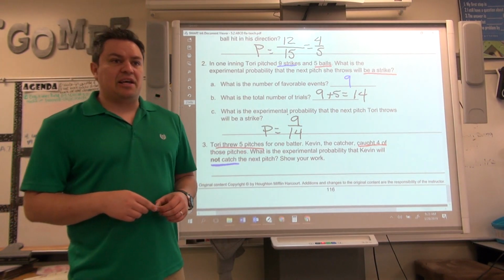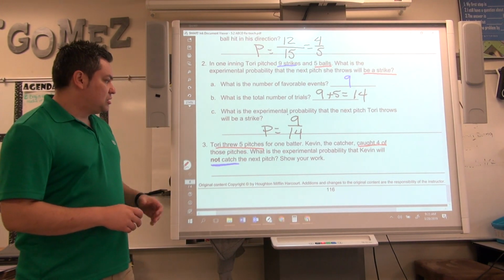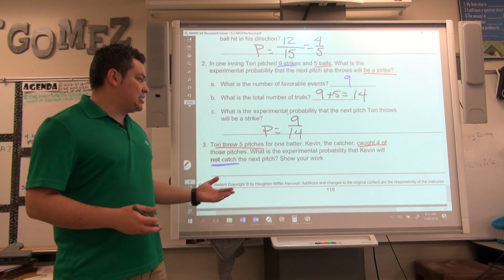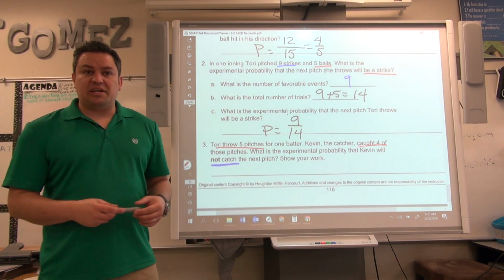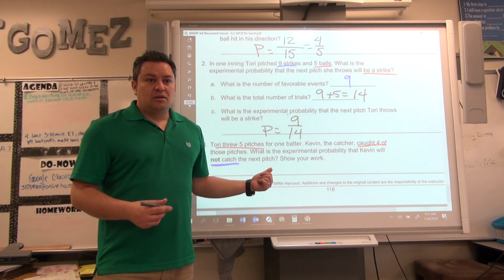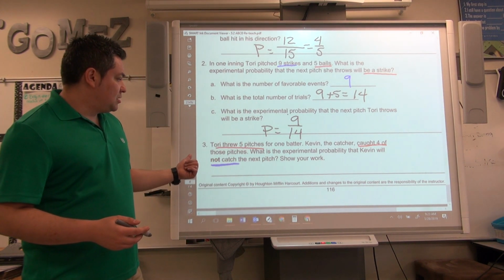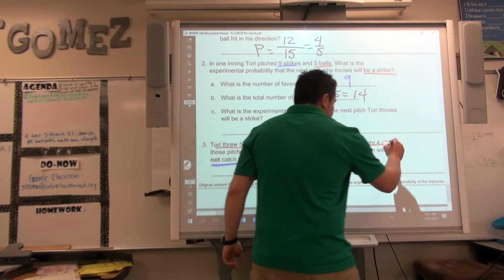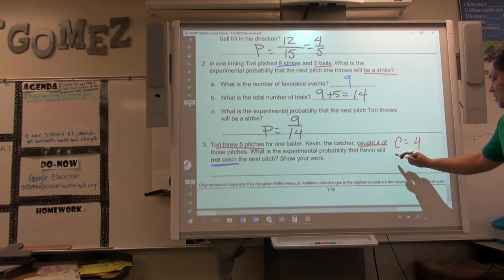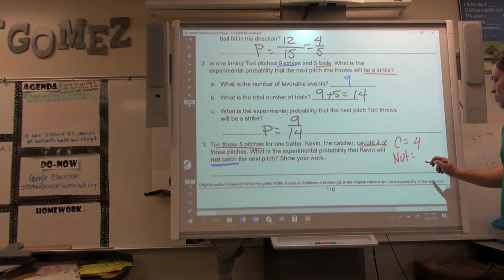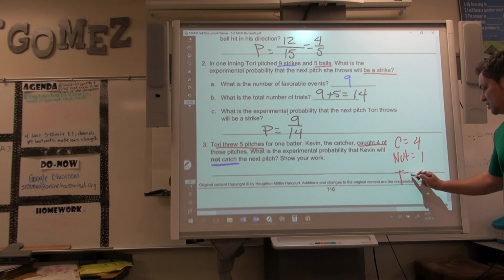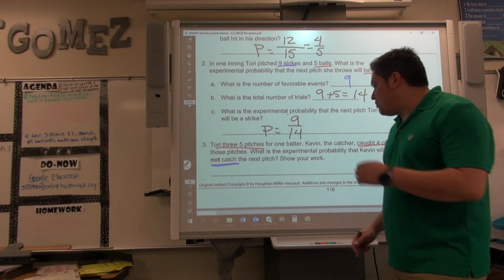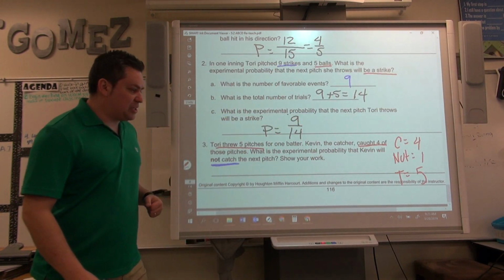So let's find the probability of how many times he did not catch. How many times did he get it? 4. So he caught it 4 times, and did not catch it 1 time. Total throws? 5.